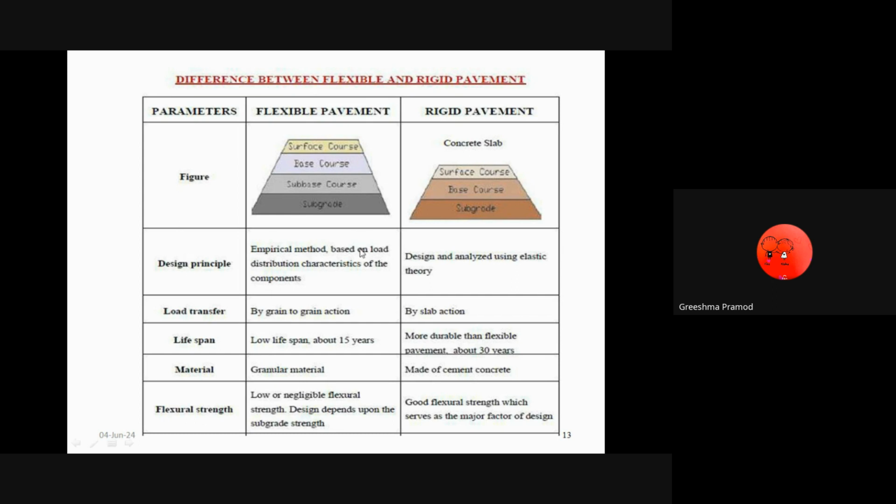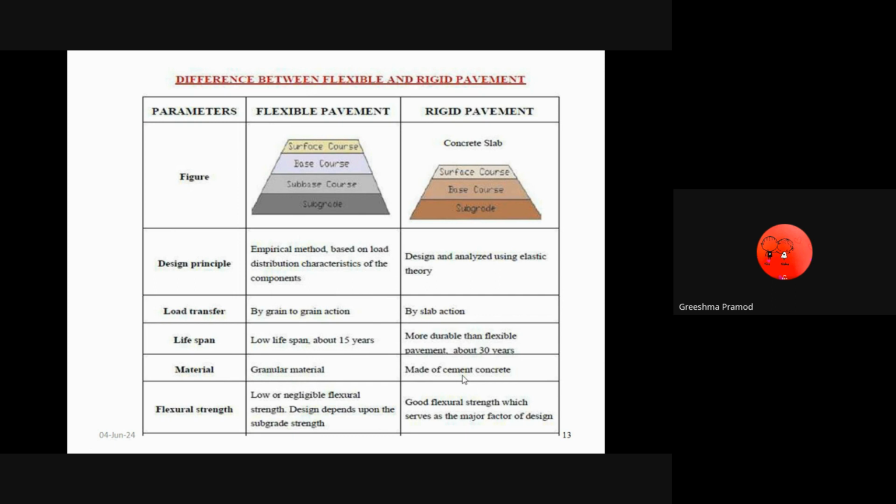Design principles: empirical method, which is one design, and analysis using the elastic theory. Load transfer is by grain to grain action for the flexible pavement, and for rigid it is by slab action. Lifespan is about 15 years, more than that of flexible pavement. For flexible pavement the material is granular material, and for rigid pavement it is made of cement concrete.